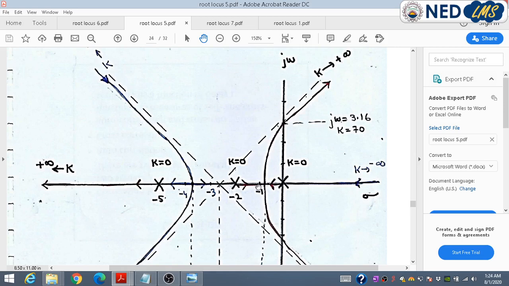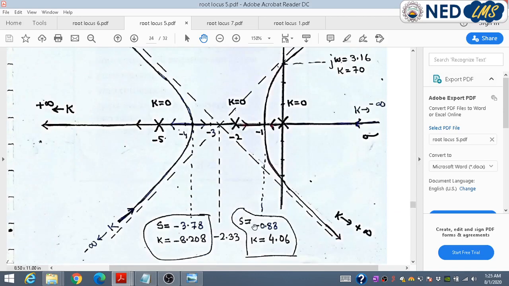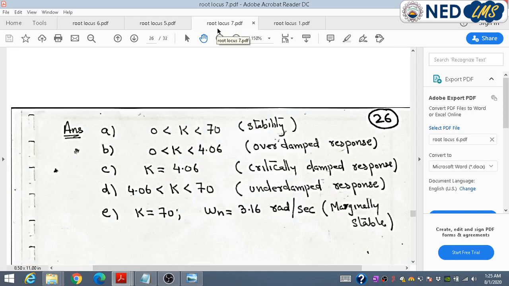Before this the roots will be distinct. So at s equal to minus 0.88, these 2 roots will be equal. So we can say that when k is greater than 0 and less than 4.06, these 2 roots will be real and distinct. So the answer for overdamped response is k greater than 0 and less than 4.06.